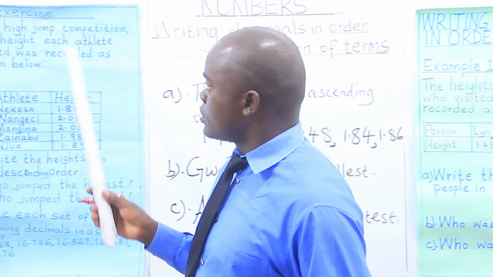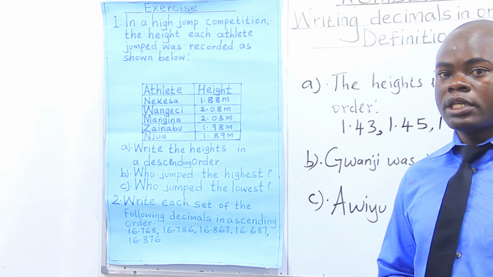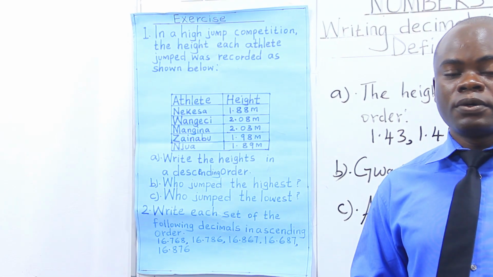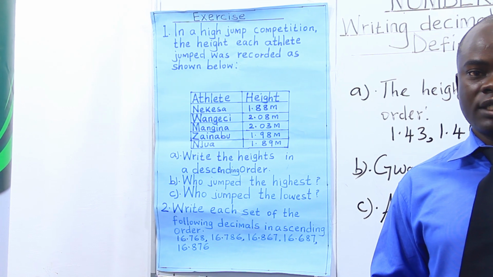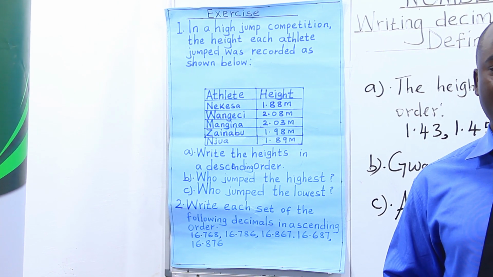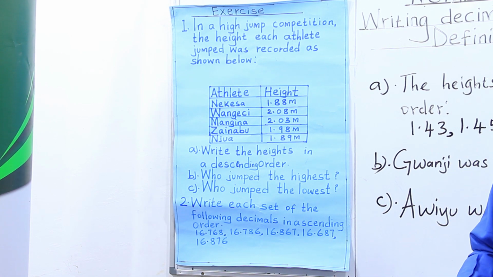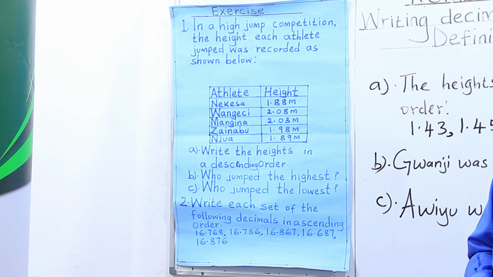So I want us to try these questions. We have exercise question 1 and also question 2, and I want you, through the guide of your parents, to do the 2 questions so that it will help you to understand more on what we have just learned today. The first question being, in a high jump competition, the height each athlete jumped was recorded as shown below.